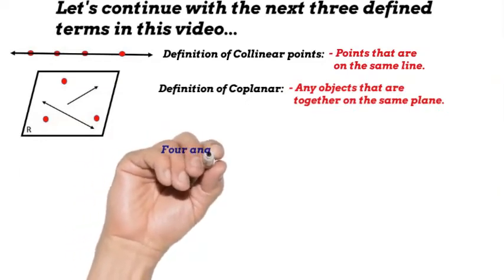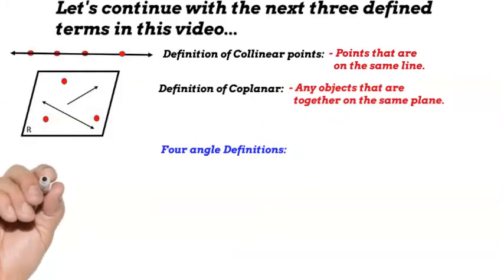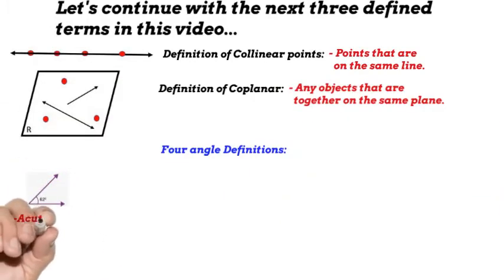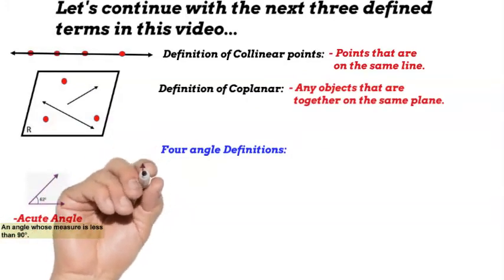Let's look at the following 4 diagrams and their geometric classification. So you have this angle. This angle is an acute angle, and an acute angle is an angle whose measure is less than 90 degrees.